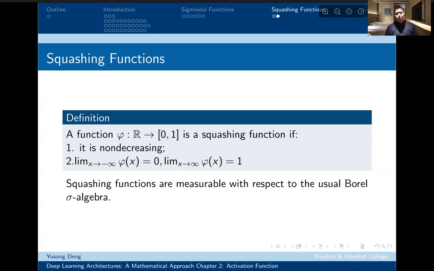You can try to test the activation functions we mentioned before, which of them are squashing, which of them are sigmoidal. That is left up to you. But just by verifying the definition, it should be really straightforward for all of you.